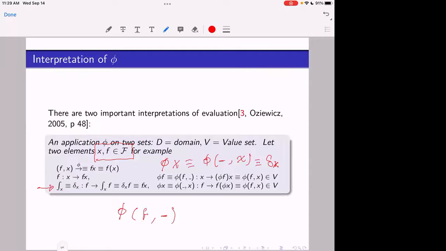Here we are speaking about evaluation. Phi is the evaluation f of x. So evaluation always maps to the reals, I think. Yes, the evaluation maps to the reals.